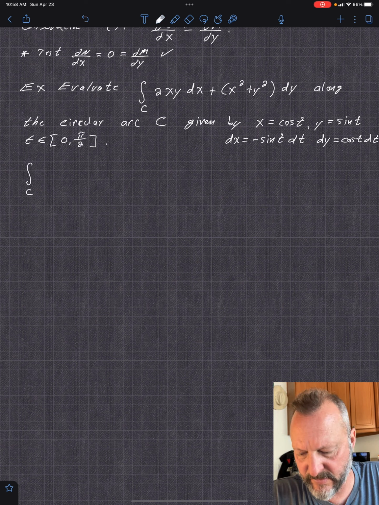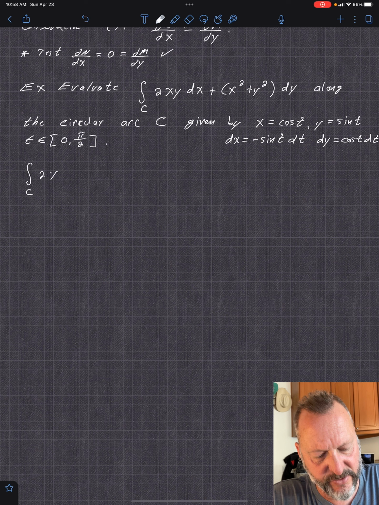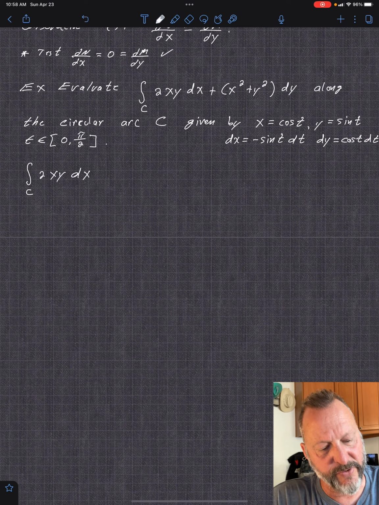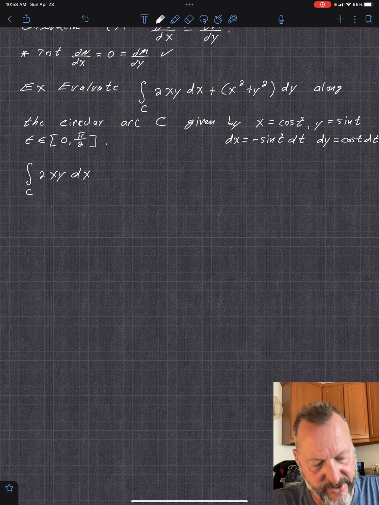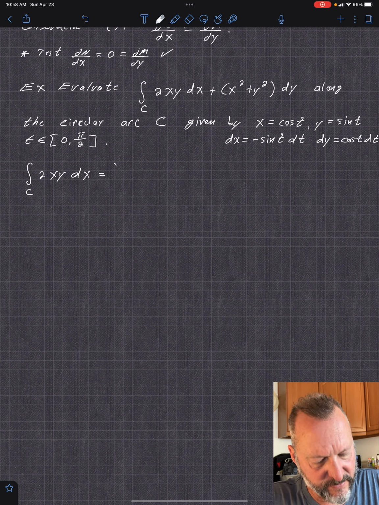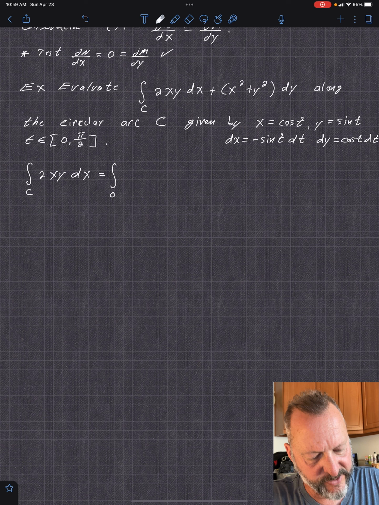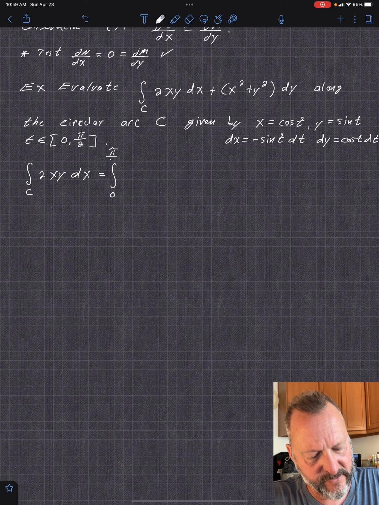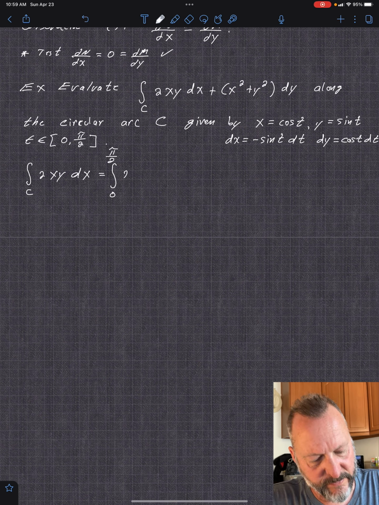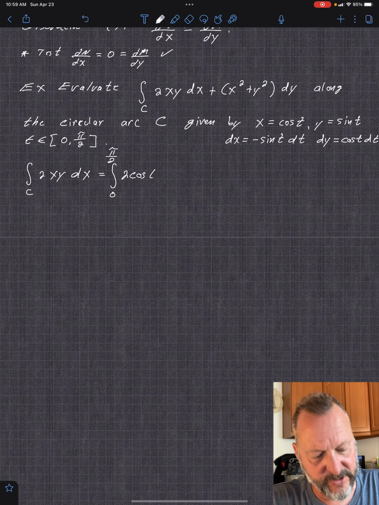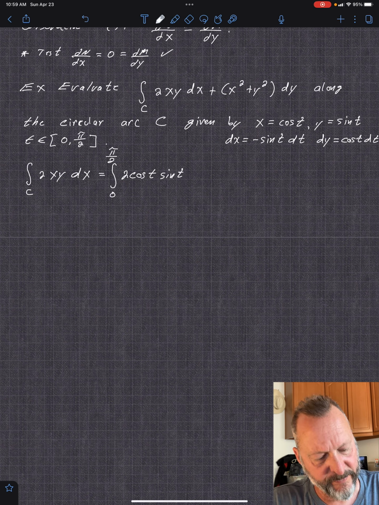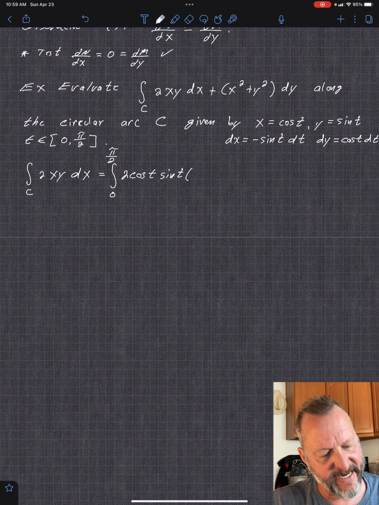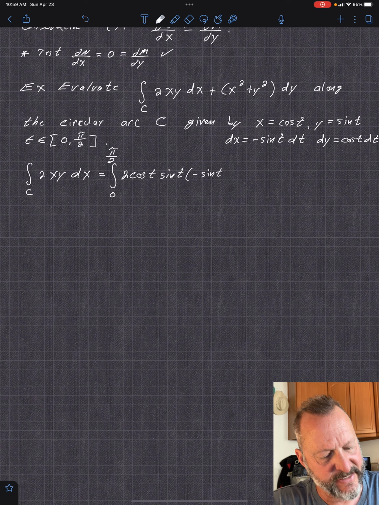So what we get is the integral over C of 2xy dx. So we're doing one at a time, right? And so you get the integral from 0 to pi halves, 2 cosine t sine t, and then dx is negative sine t dt.